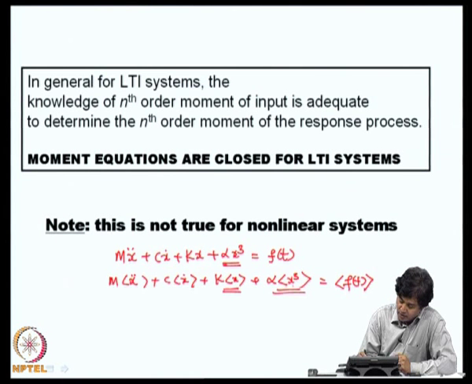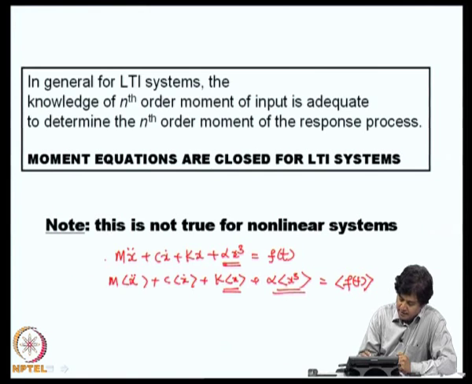If you now try to write another equation for expected value of x cube, for instance, you can multiply this equation by x square of tau for example, and take expectation on both sides. You will immediately see that you will need expected value of x cube of t into x square of tau, again which will be unknown.